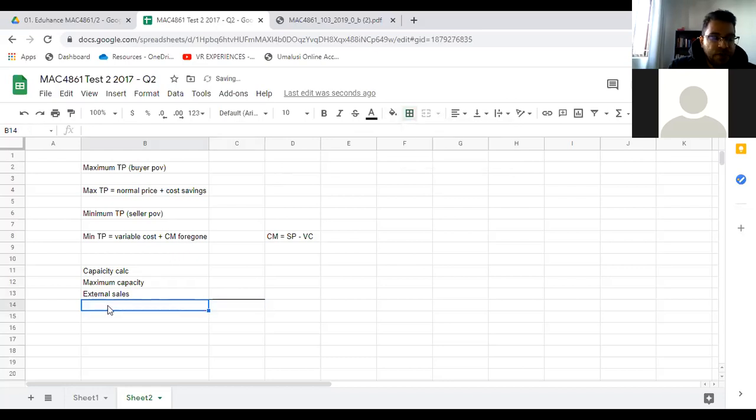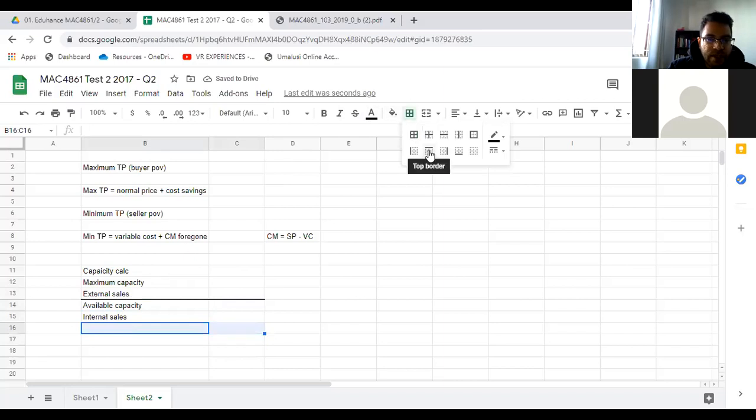And this will give you available capacity. Then we're going to say less internal sales, and this will give you a surplus or a shortfall.